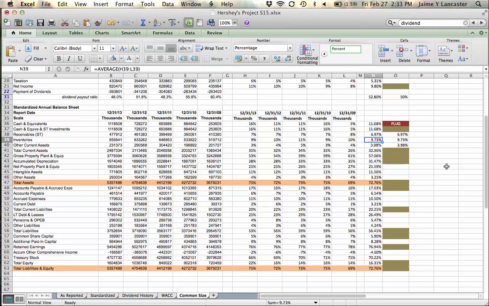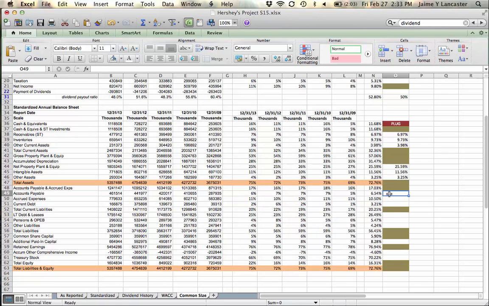In order to make $1 in sales, you need to have about 9 cents worth of inventory sitting in the store. Net property, plant, and equipment, we're going to forecast that as a percentage of sales. Not gross, right? Not property and equipment at cost, but net. We'll do intangibles, other, all of those things.